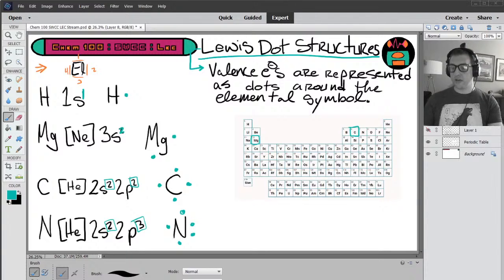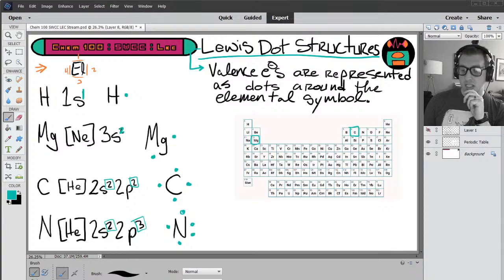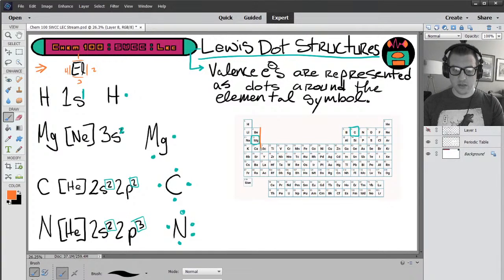We're introducing Lewis theory, and Lewis theory only works for the main group. It is only something that can explain the bonding patterns we observe when we are looking at main group elements. This does not apply to transition metals.